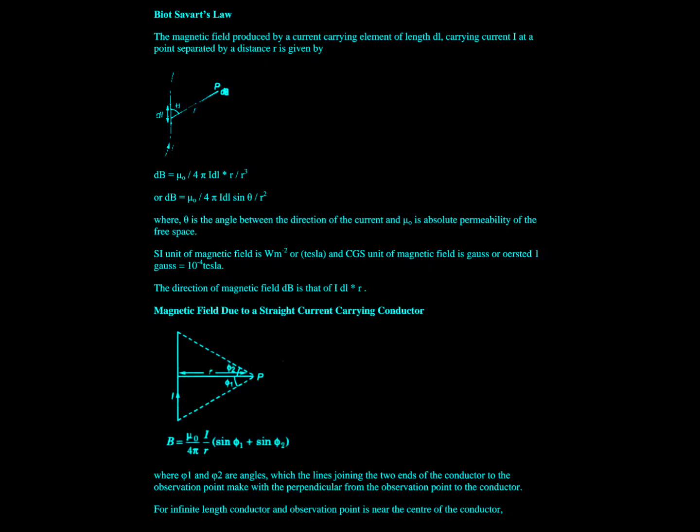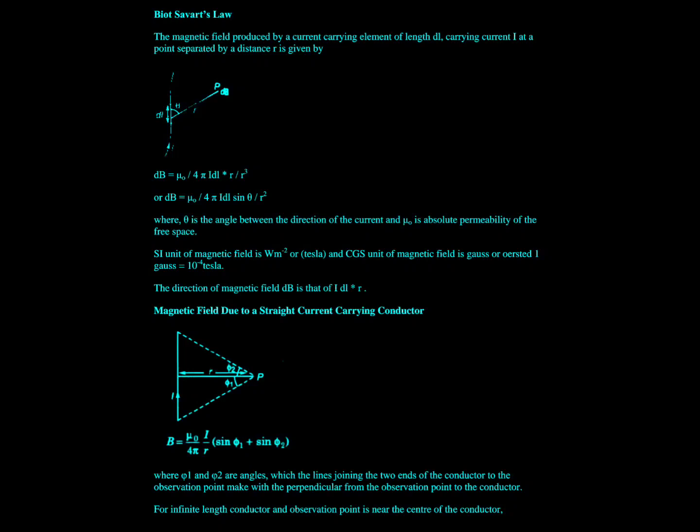This observation point P is at a distance R, and the current I is flowing through this infinitely long conductor, and the expression for the magnetic field due to a straight current carrying conductor is given as shown in the video. So this is the expression whenever the current is flowing in a straight current carrying conductor.